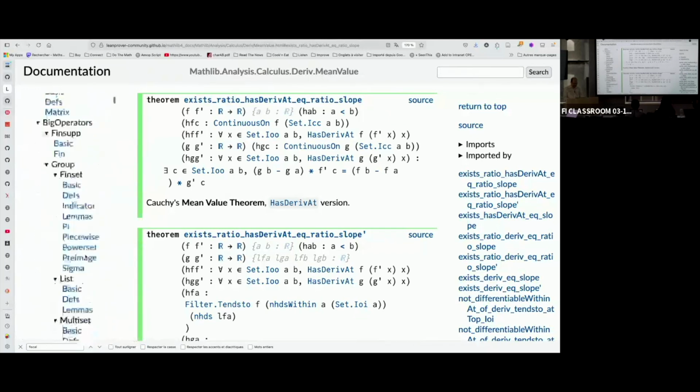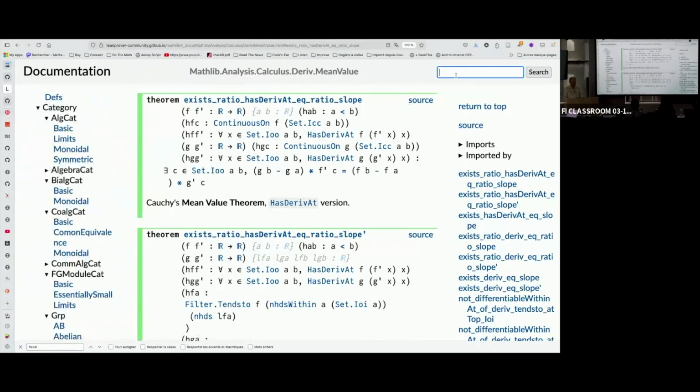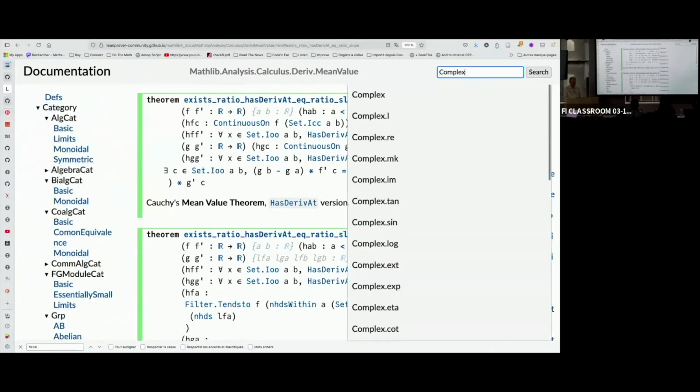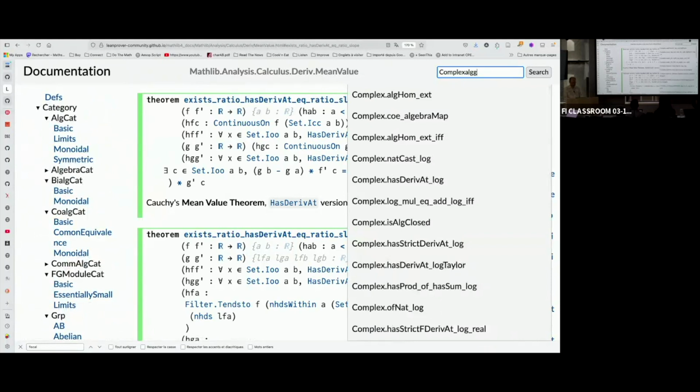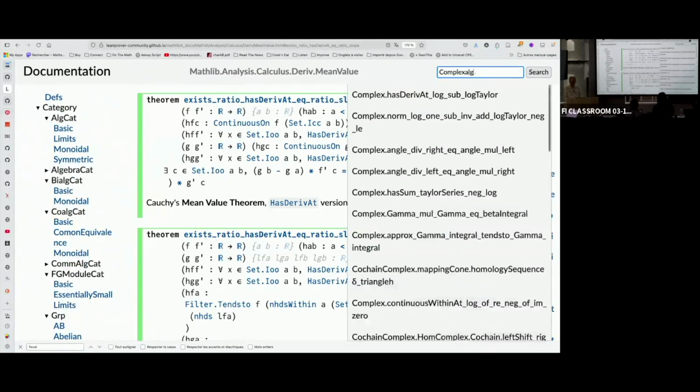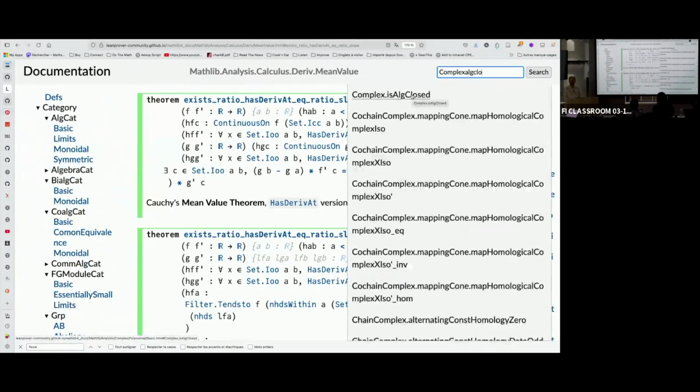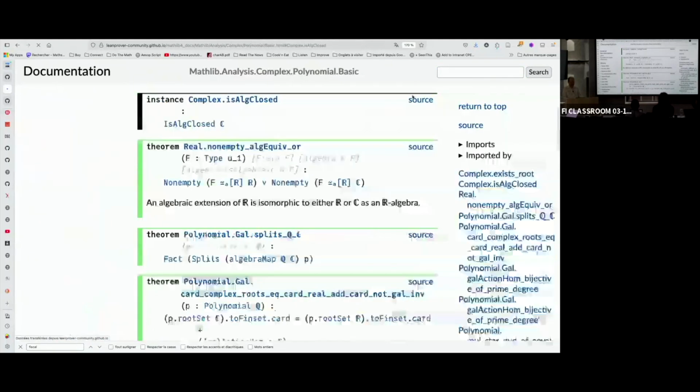Will it be algebra or complex? Complex is closed. You see, that should do it.